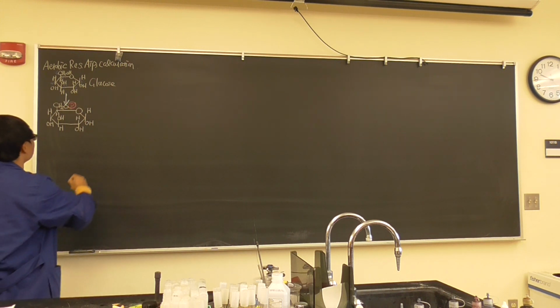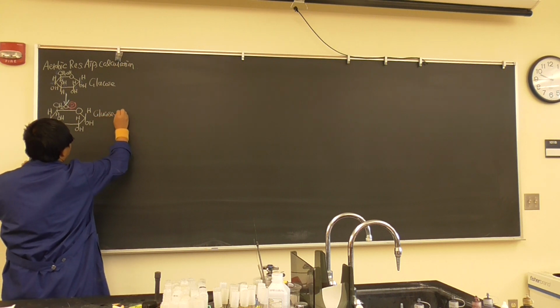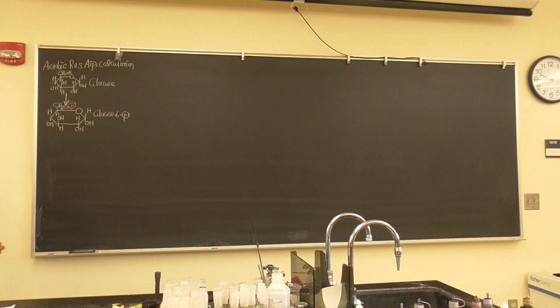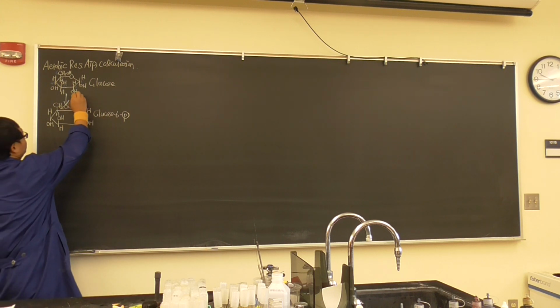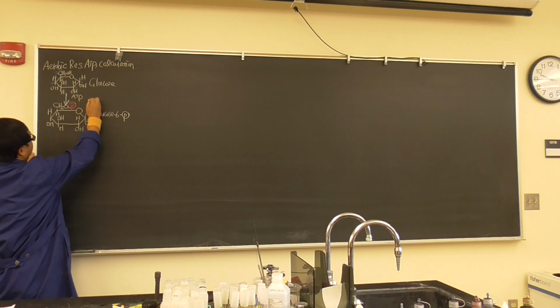Okay, that's why we call it glucose 6-phosphate. You can just write a P there. Now, where does that phosphate come from? It comes from ATP, originally stored in the bacterial cell.